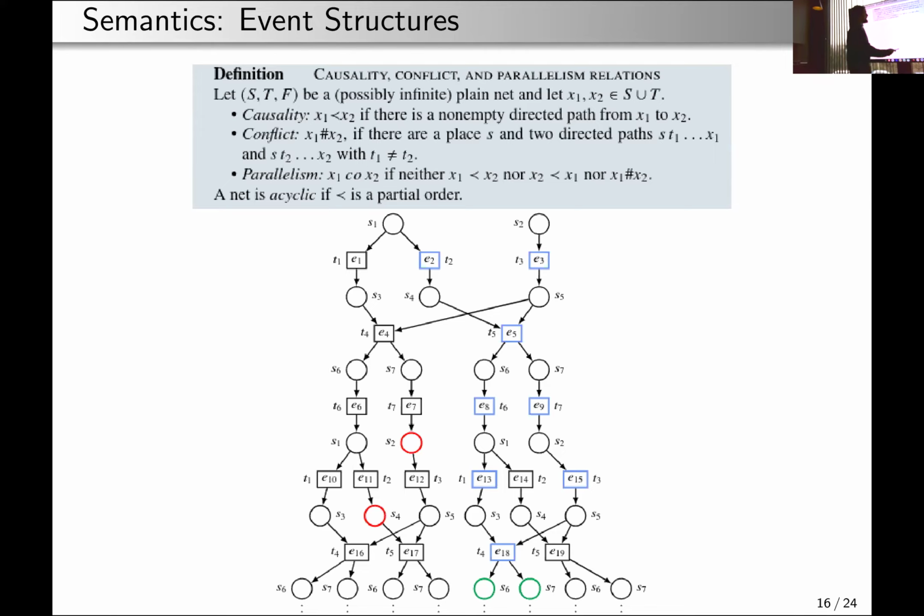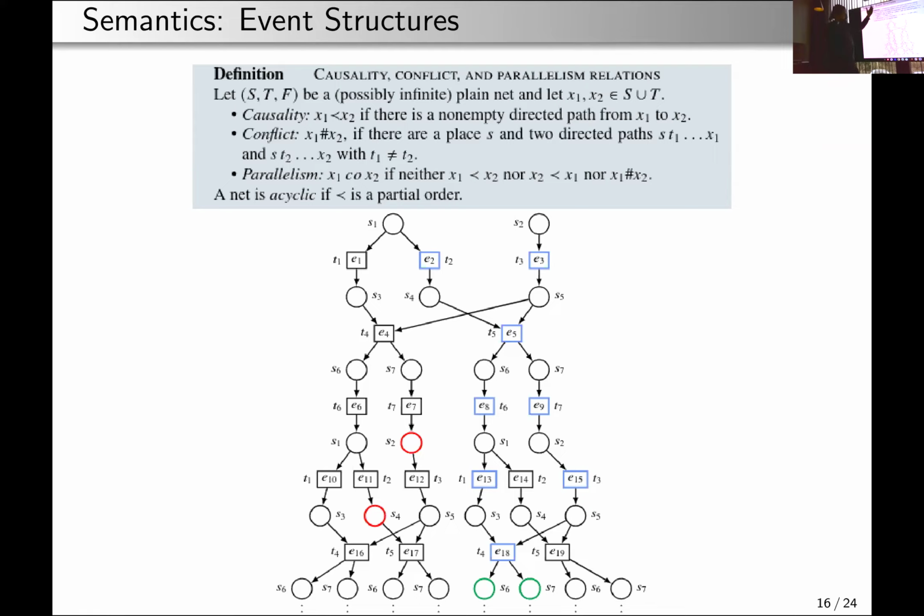You keep the information that E4 is in conflict with E5. And you can erase all the places. It turns out that that's perfectly fine. You could retrieve those places if you wanted. So basically, this kind of information is enough to describe the process.